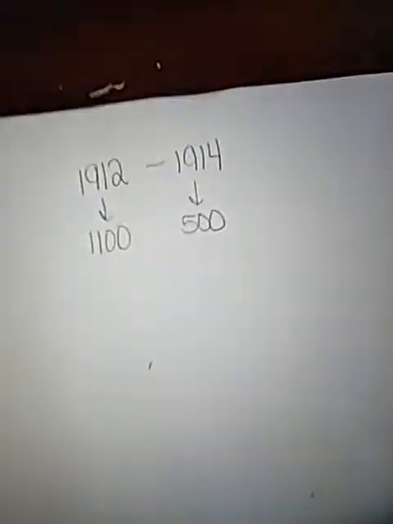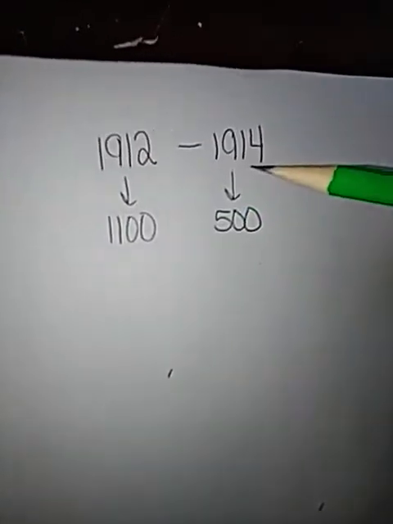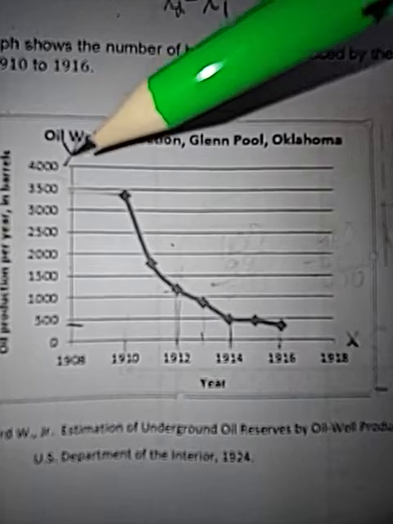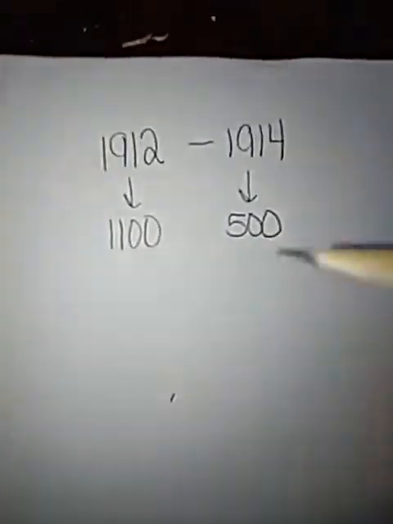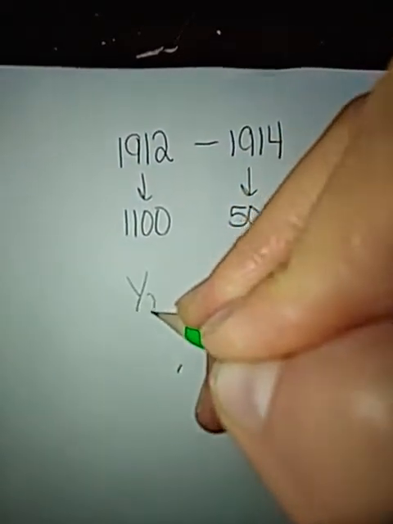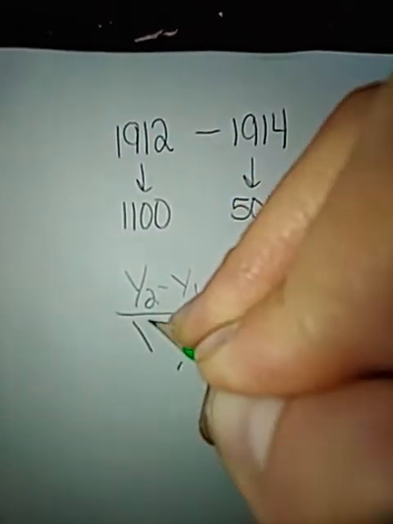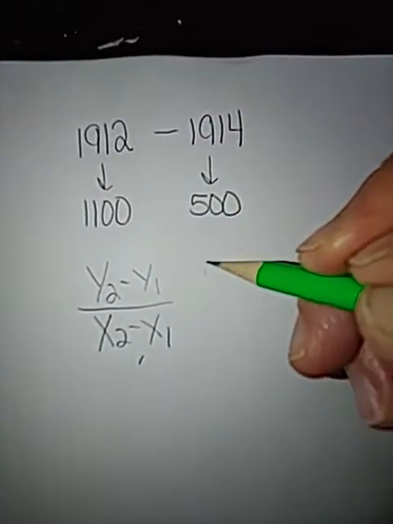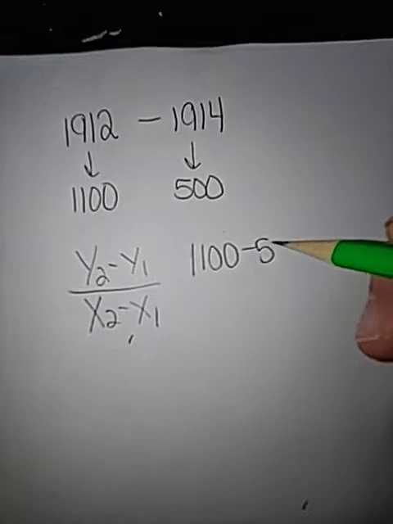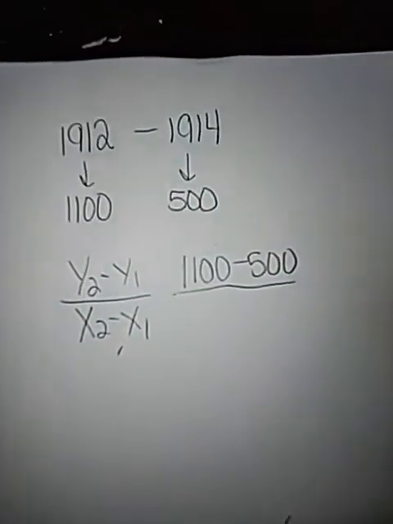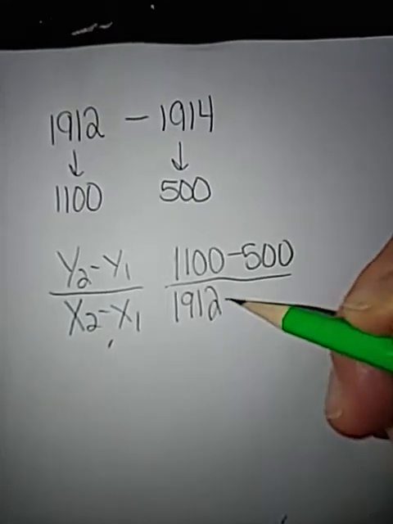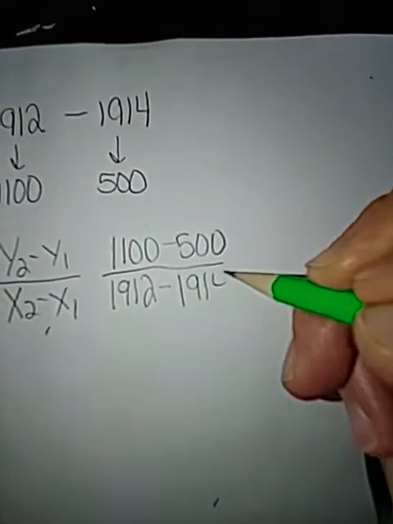All right, so I have my time, which is on my x-axis, and my barrels of oil, which are on the y-axis. So I'm now going to do change in y over change in x. All right, so barrels is y. So 1,100 minus 500 over, now 1,100 came from the year 1912, so that has to come first, minus 1914.